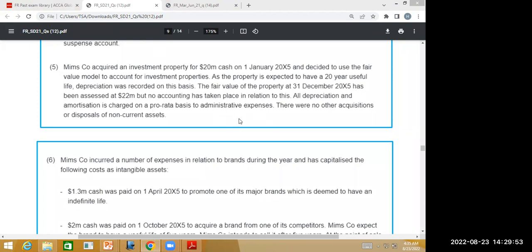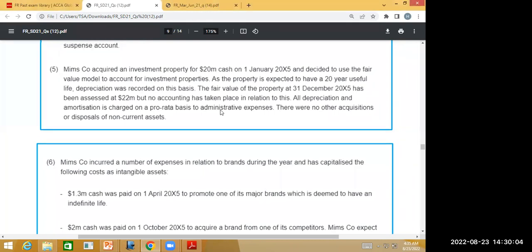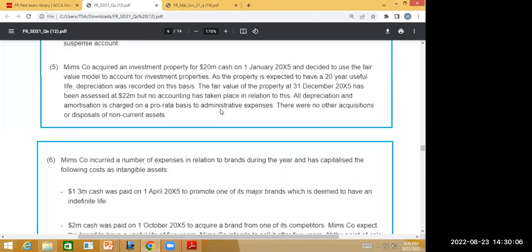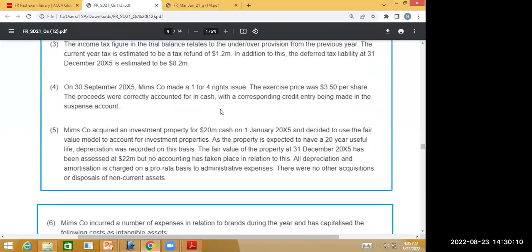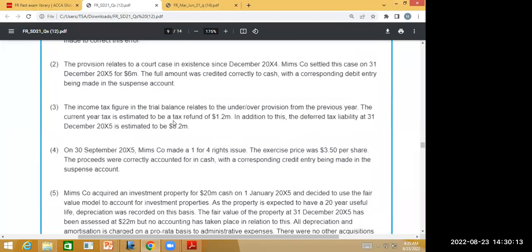And from this information, you can charge the gain by adjusting from the administration expense. That is very simple. Now please do solve this question, note number 3. That is about taxation.